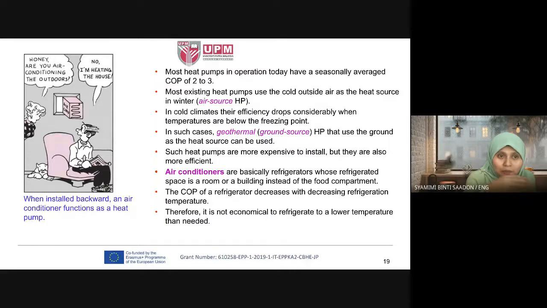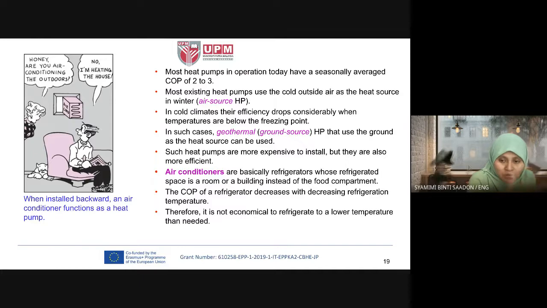Don't try to decrease the refrigeration temperature, because otherwise, same as the heat pump just now, you will use extra work, and the performance of the refrigerator will reduce.